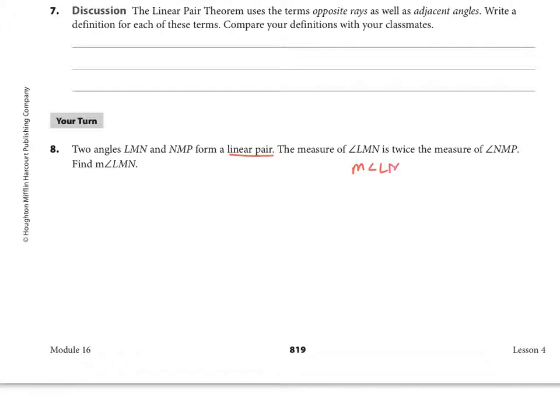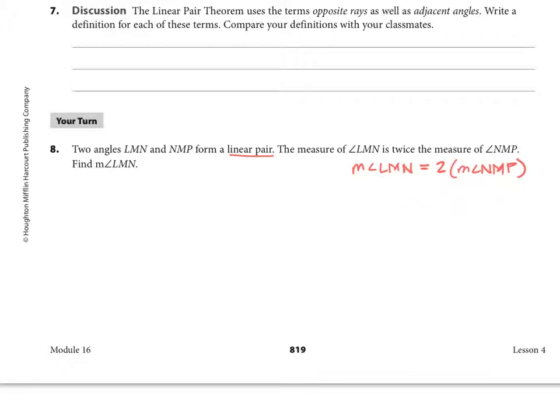Angle LMN is twice the measure of angle NMP. So notice, as I was reading it, I was kind of writing out our statement here. So if I know the measure of this second one right here, I just multiply it by 2 to get this one.